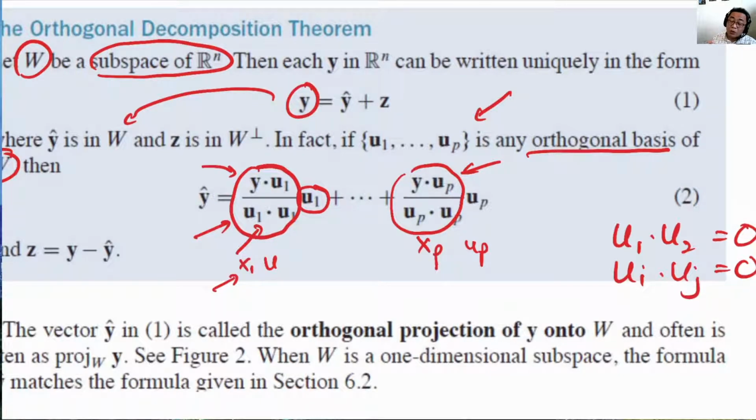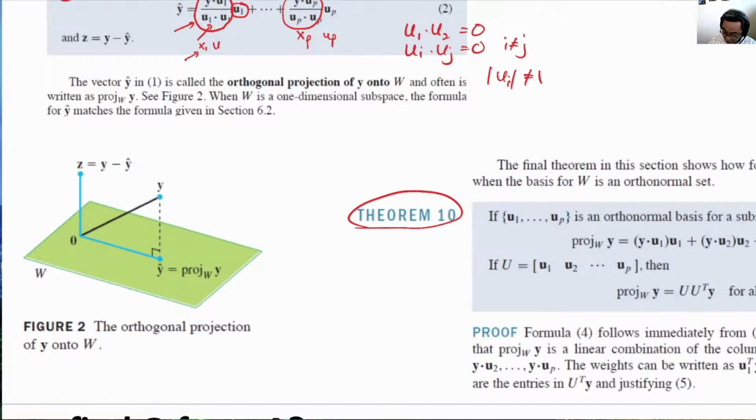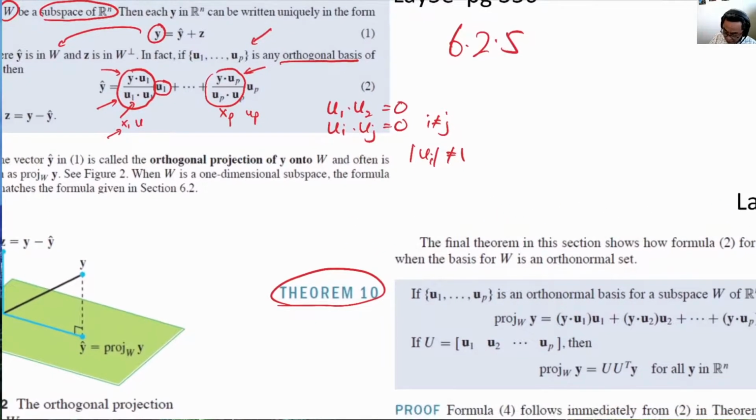If u1 dot u1 is equal to 1, when the vector u is normal, this equation, Theorem 8, reduces to Theorem 10, because if you look at this equation, the only difference is that the numerator remains while the denominator u1 dot u1 is equal to 1.